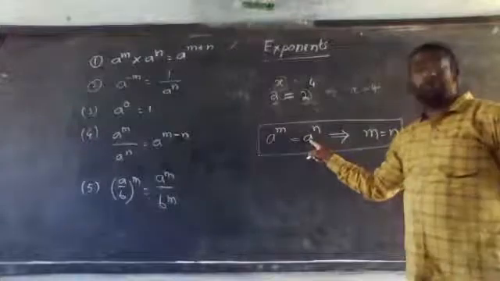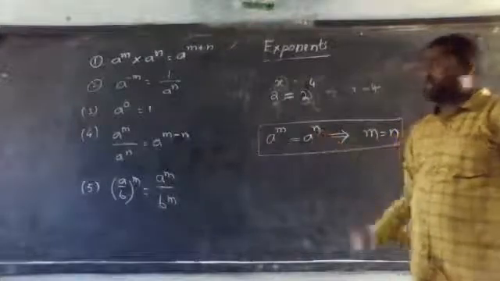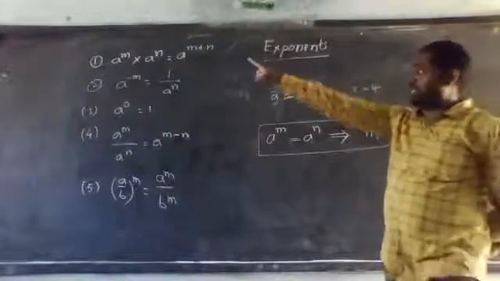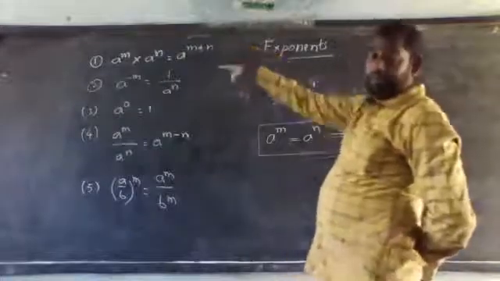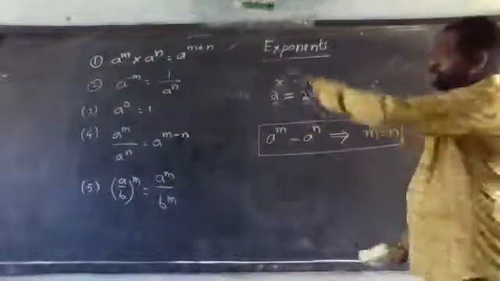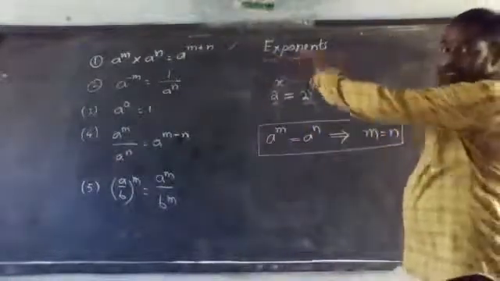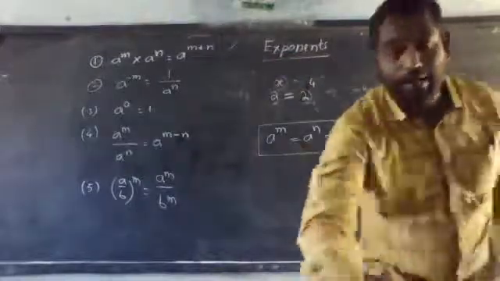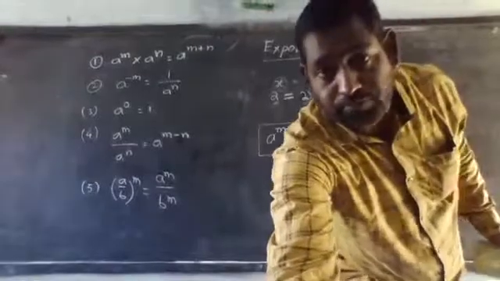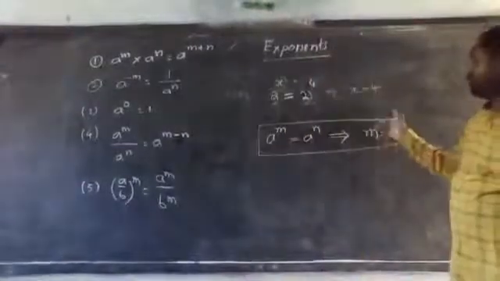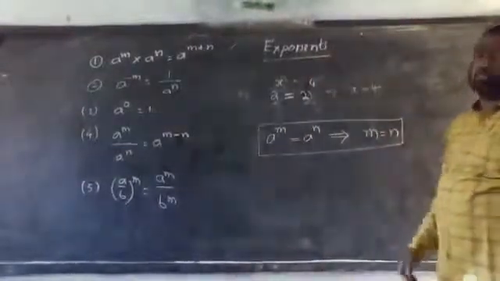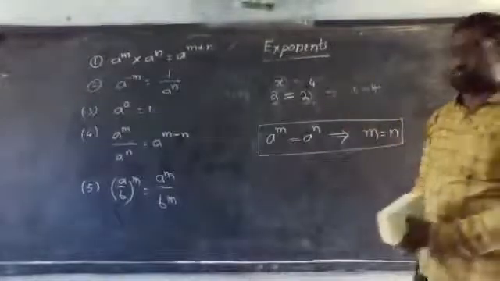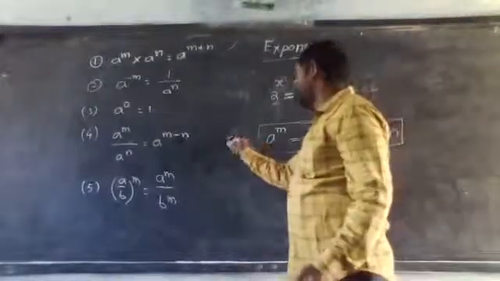If the bases are equal, we are equating the powers. In the first property there is a multiplication symbol between the bases, so we add the powers; here we have an equal symbol. This is the difference between the first property and the sixth property. This is the sixth property.